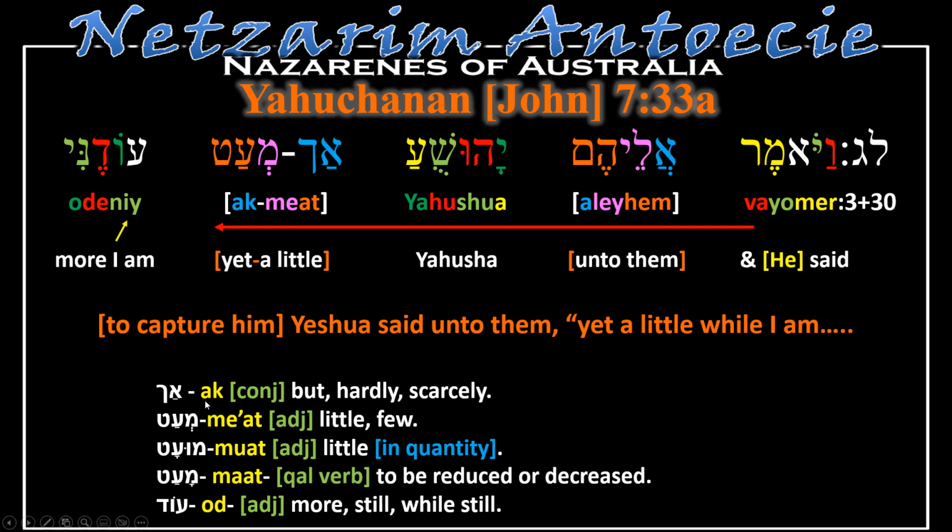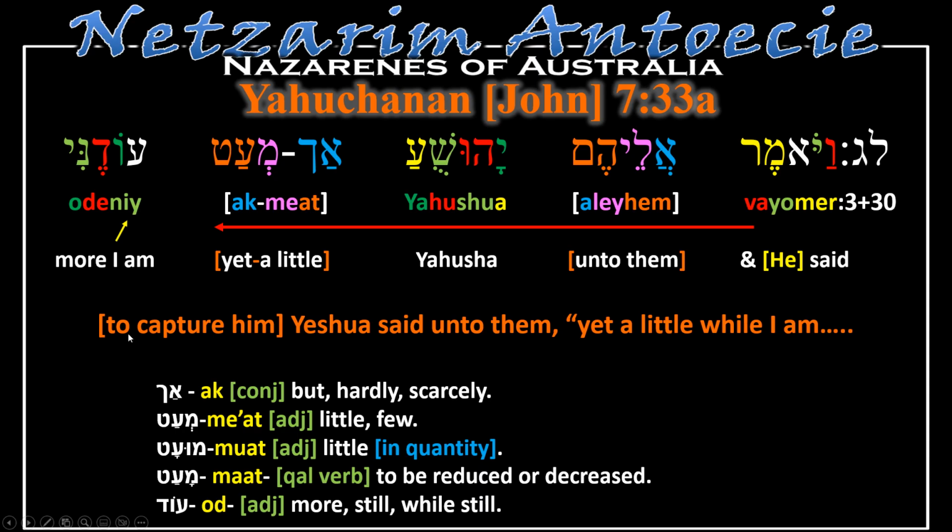So if we look down here, we've got ak meaning but, hardly, scarcely. Me'at as a noun means little or few. Mu'at as an adjective means little in quantity. Ma'at as a qal verb means to be reduced or to decrease. And then I've given you od as an adverb means more, still, or while still.